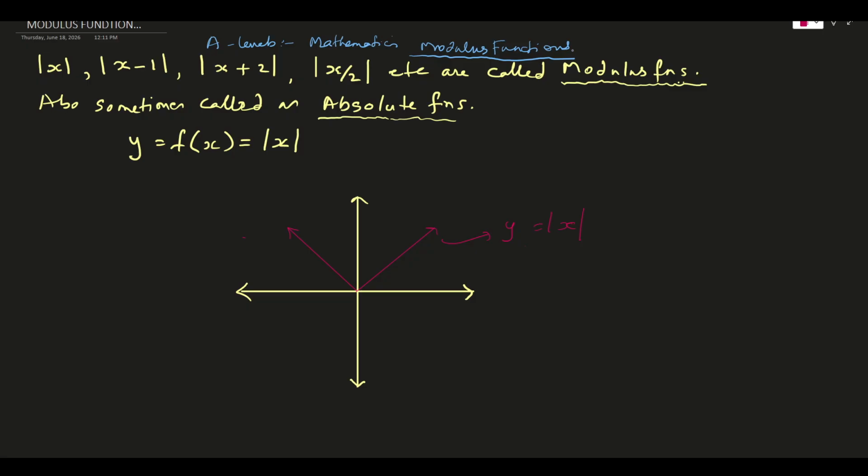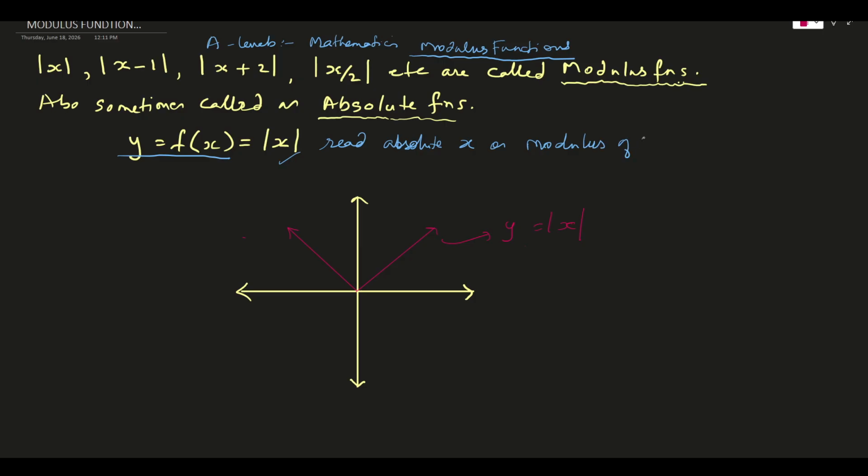Like any other function, modulus function is also a function which can be in general written as y is equal to f of x. And when x is written between two parallel lines this way, this is read as absolute x or modulus of x.